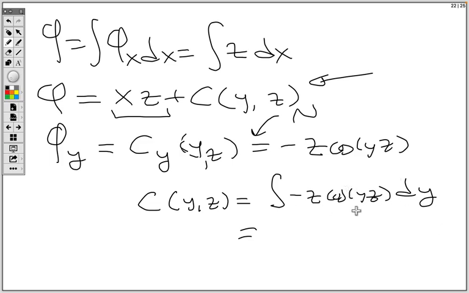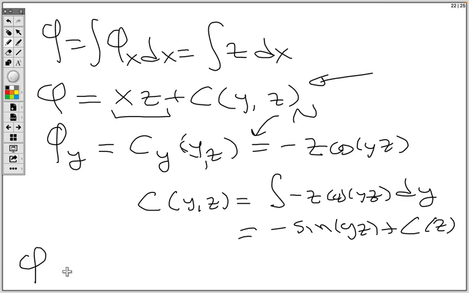Yep, minus sine of yz plus a constant. Now this constant is part of a function of y and z only, but I integrated out the y, so this constant could depend upon what? Z.